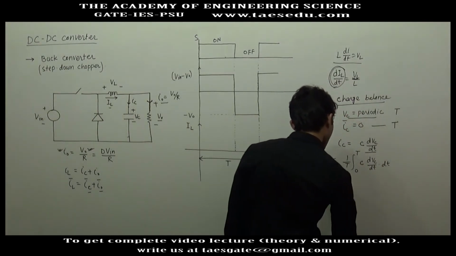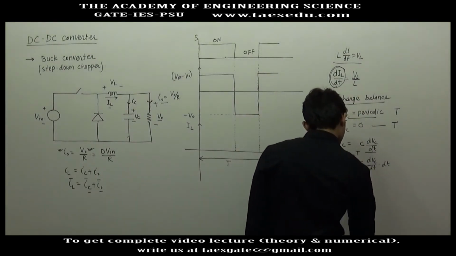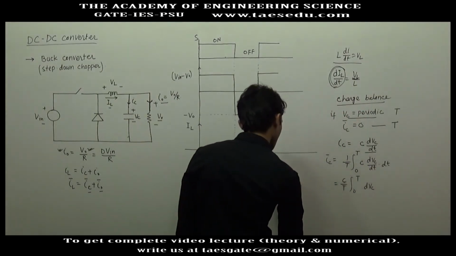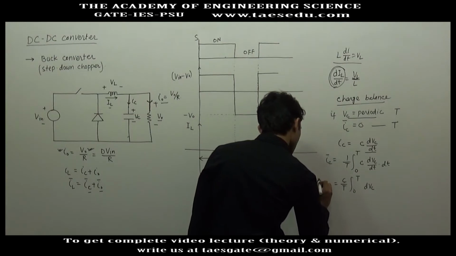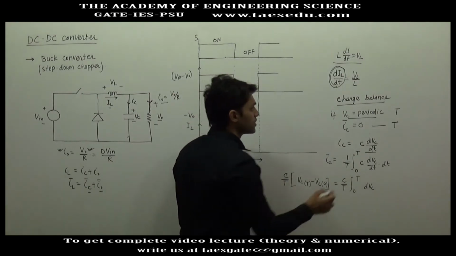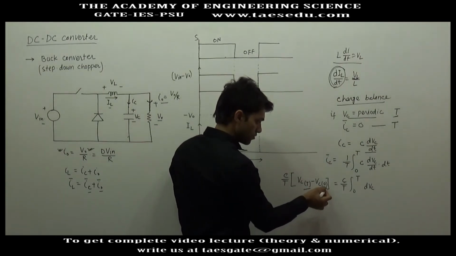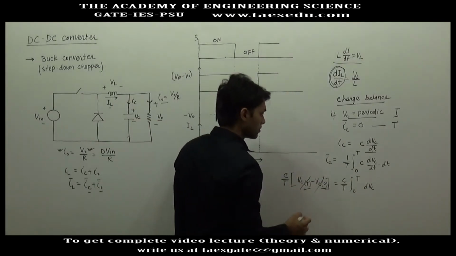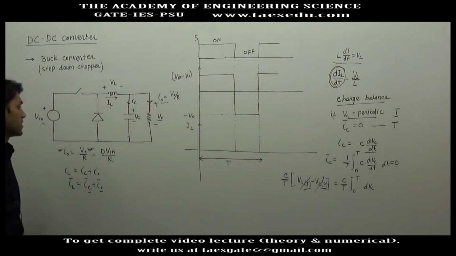So this will be 1 upon T, integral 0 to T, C can be taken outside, this will be dVc. This will give you C by T into capacitor voltage at T minus capacitor voltage at T equal to 0. Since capacitor voltage is periodic with T, the value of capacitor voltage at time T will be equal to its value at T equal to 0. These are equal, so average capacitor current is 0 if capacitor voltage is periodic.